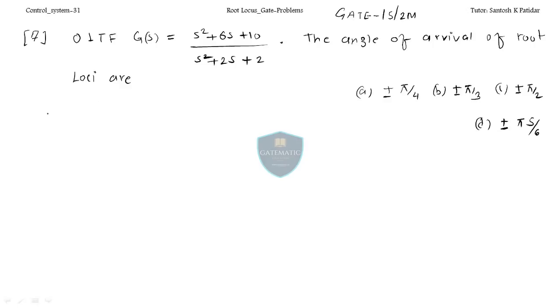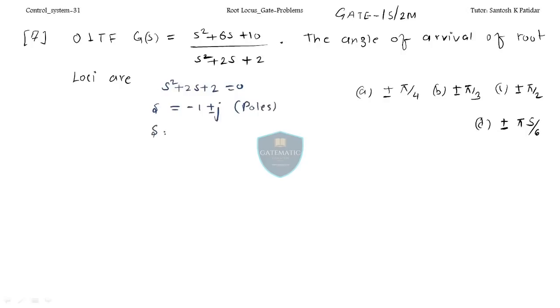First find the number of poles and zeros. So solve this equation, s square plus 2s plus 2 equal to 0. You will get poles at minus 1 plus minus j. Easily you can solve it. And when you solve the numerator equation, you will get the zeros. These are your poles, okay.